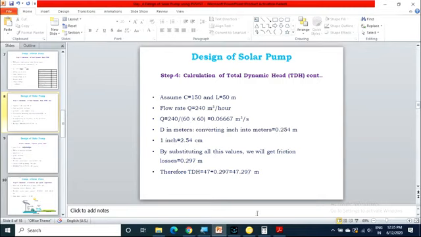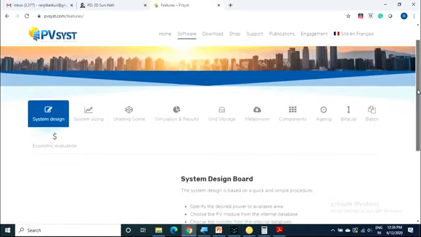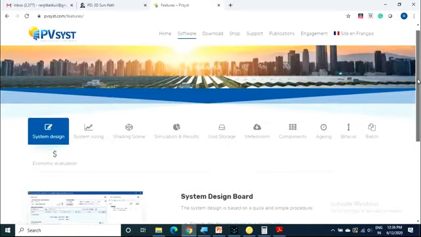I think the software cost per annum is 1.5 to 2 lakhs, I think.